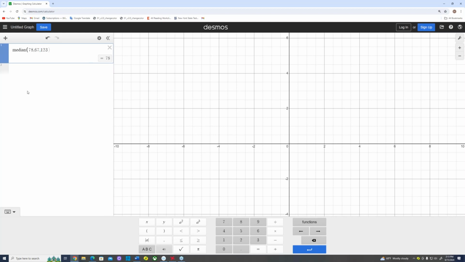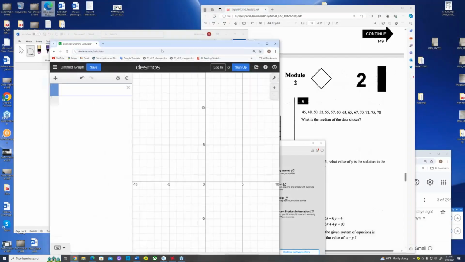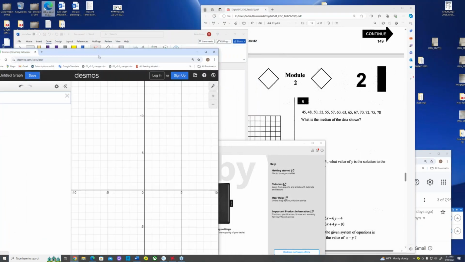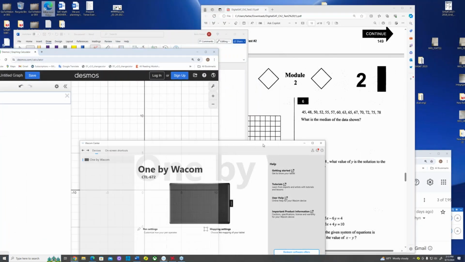You see, the system automatically changes the order, puts this in the middle and gives the answer. Use this function, all functions, median, mean, whatever you have. Just how fast you type, you immediately get the answer. Good function. Keep in mind, it saves you valuable time instead of doing it like a monkey.